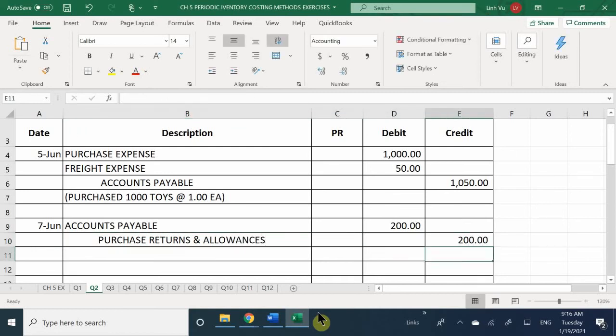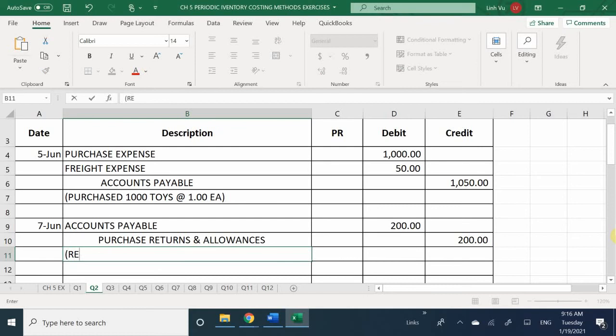And it is for the 200 items or for the $200. Right here, I'm going to make a note that I returned 200 broken toys at $1 each, full refund.